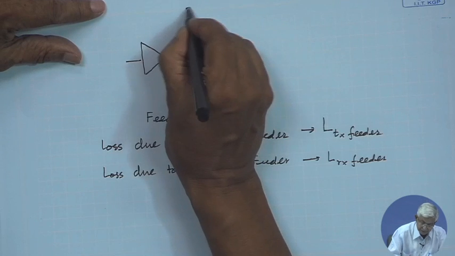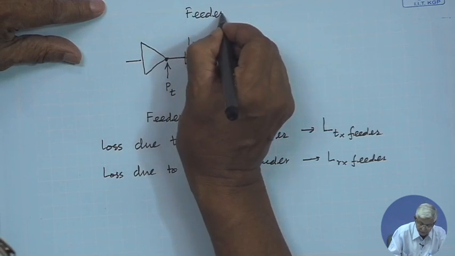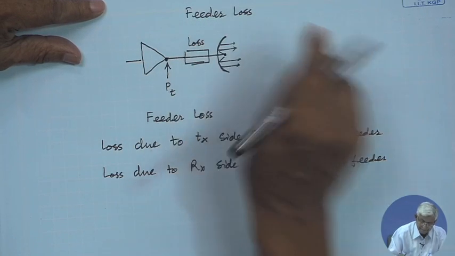So, this we can call feeder loss. There can be other types of losses, but since the time is almost up, we will continue the discussion with the other types of losses in the next class.